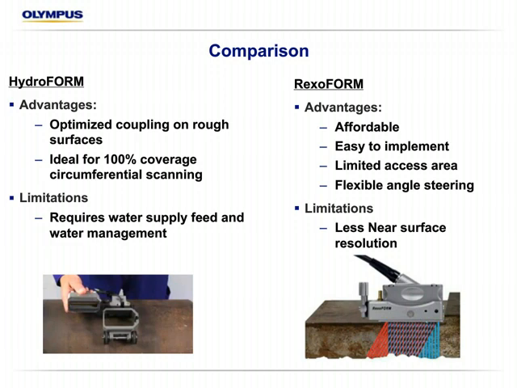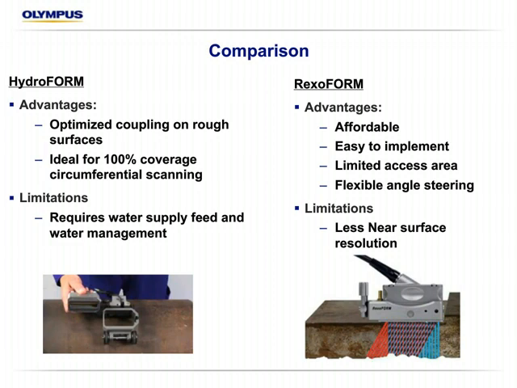And then you have the Rexolite, with huge advantages: pretty affordable and easy to implement. If you have phased array training, you can pick this up in a day and get going. There's nothing really extra to know. It's just an engineered holder that allows the adjustment.